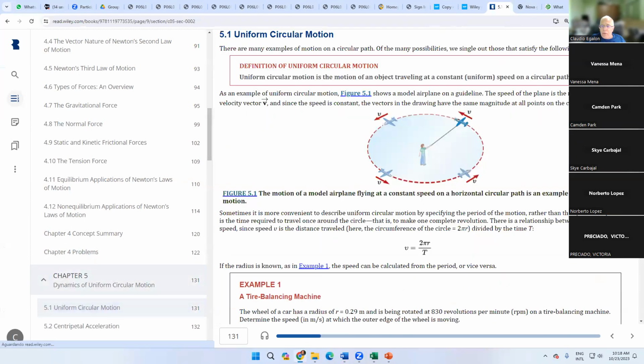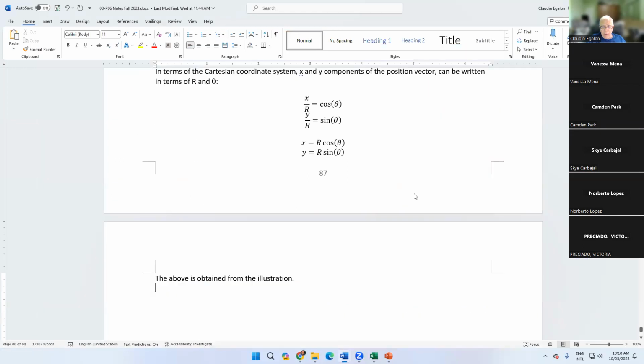Okay, so here we go. And by the way, uniform motion is very important. And let's see, the question now is to find the parametric equations for x and y, i.e. as a function of t, okay?